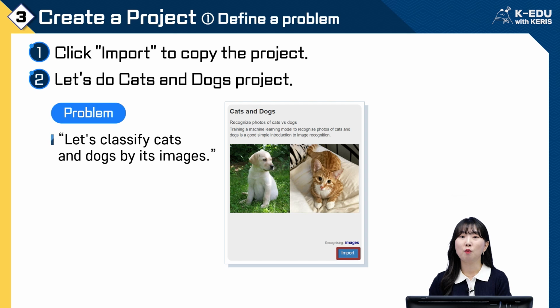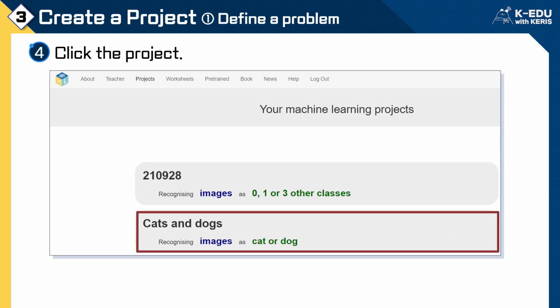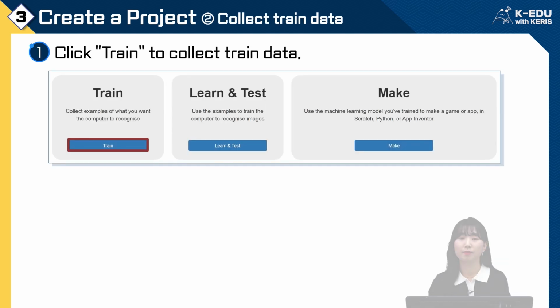The problem we want to solve using machine learning is to recognize cats and dogs by recognizing images. So, please click the Import button one more time. Now, you can access the created project at any time by pressing the Projects button. Please click on the project.